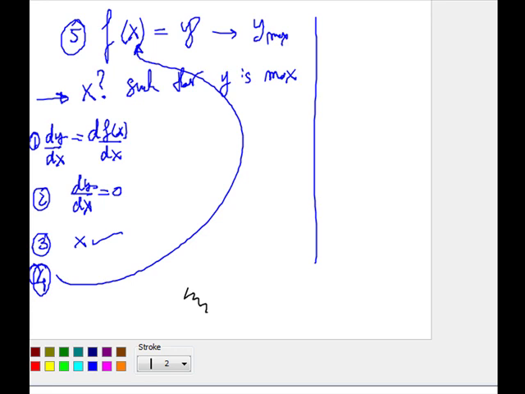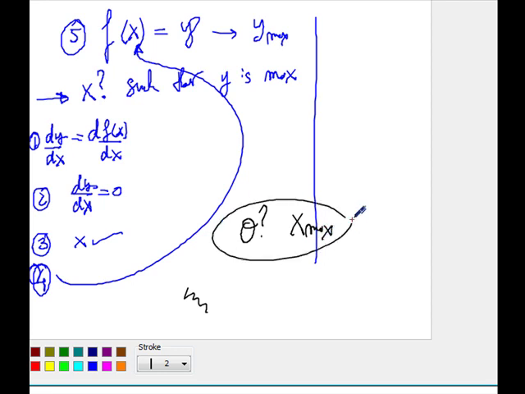Okay. So in our case, we would like to figure out the optimum angle such that x is max, which is very similar to what we've done: what is x such that y is max? Meaning, we need to find a way to express x in terms of theta.